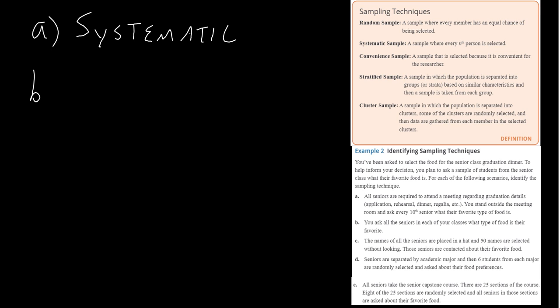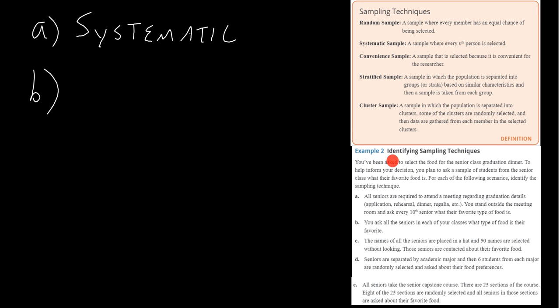B, we've got you ask all the seniors in each of your classes what type of food is their favorite. So if I'm asking all of them, let's see, this could be. All right, so let's go back and actually read the problem here, just to fully understand what I'm looking at. I've been asked to select the food for the senior class graduation.